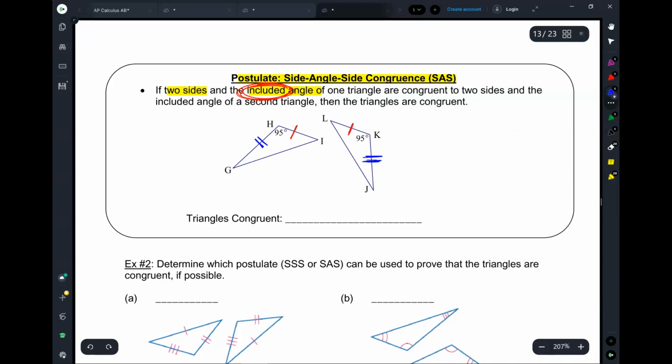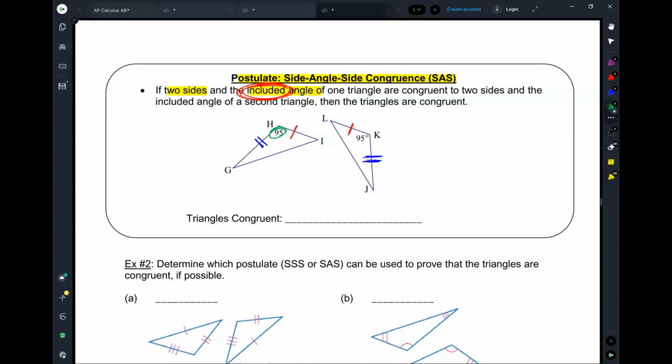This side is congruent to this side. Now what about the angle? The angle has to be the one in between those two sides. It has to be. So if it's these two sides that are congruent to the other two sides, the angle has to be the angle that connects those two. It can't be the angle off to the side here. That's important.